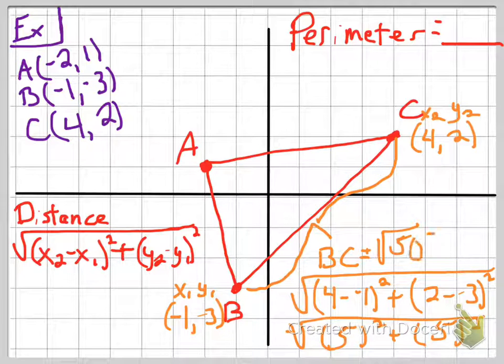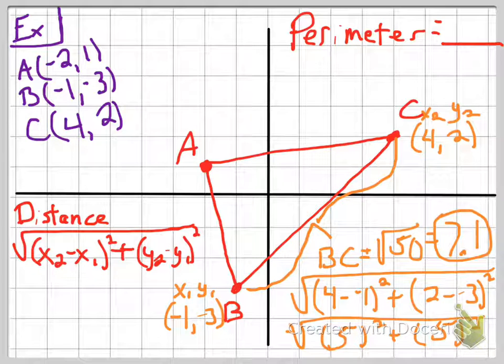And if you want, you can punch that in. That gives me 7 point, maybe close to 7.1. I'm going to punch it in and see how close I am. I'm usually pretty good at square root numbers. Yeah, rounded to the nearest tenth, 7.1 is that length. And really, I could go through the whole thing.